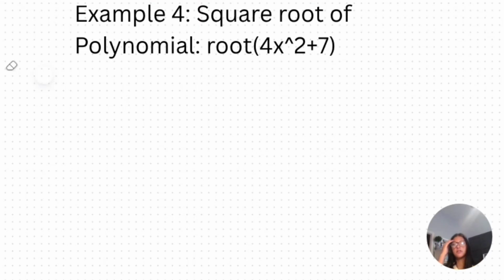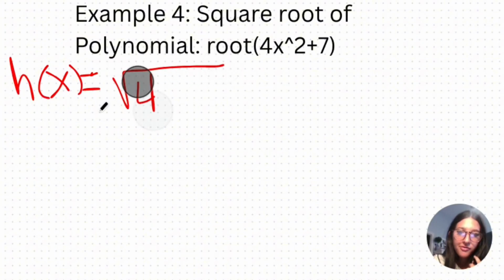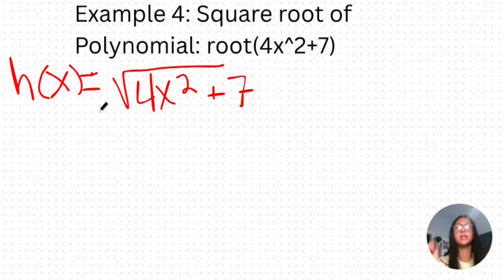Okay, so here we are with another example. This example is going to be a square root of a polynomial example, so we're getting a bit more advanced. So I'm going to rewrite this function as h of x is equal to root 4x squared plus 7, just so it's a little clearer.